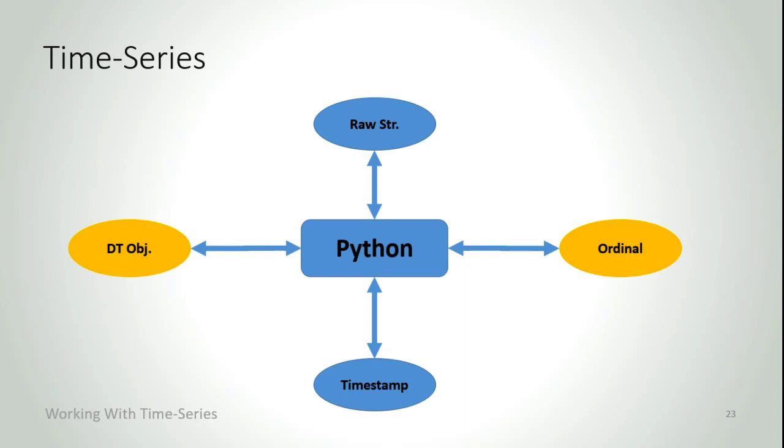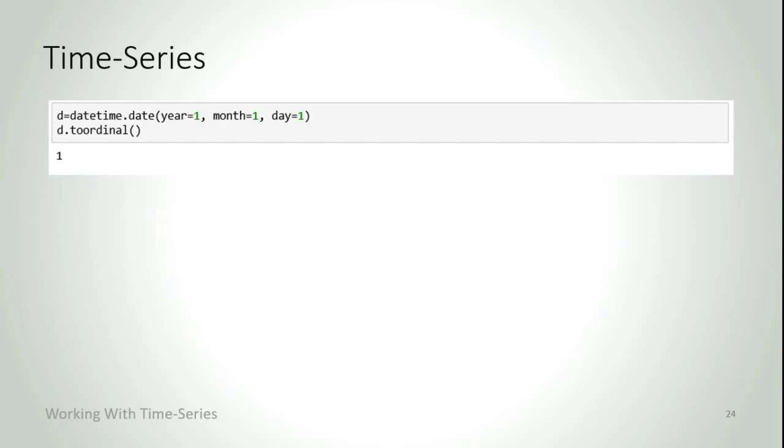Let's see the conversion between ordinal numbers and datetime objects, okay? Datetime has the function date, which actually is a class, gets year, month, and day, and makes a date, not a datetime, but date.